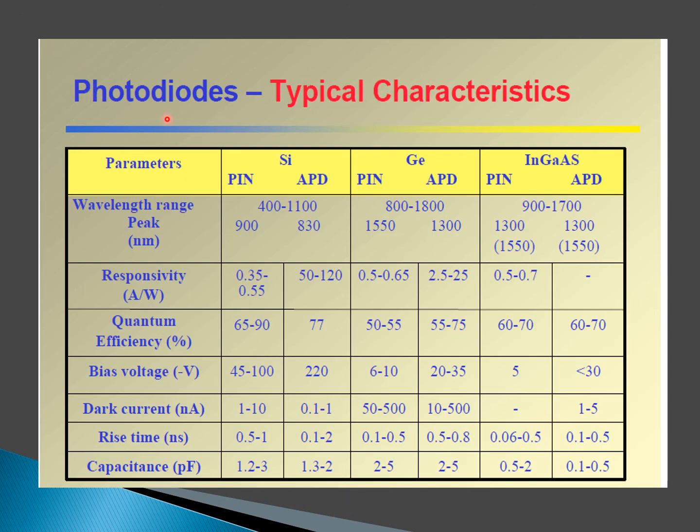This is an example of a data sheet for a photodiode, covering silicon, germanium, and indium gallium arsenide. For each of them we can have either a PIN or an APD. You can see that the operation wavelength is much wider for indium gallium arsenide.